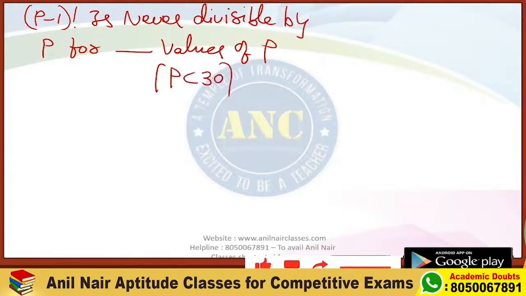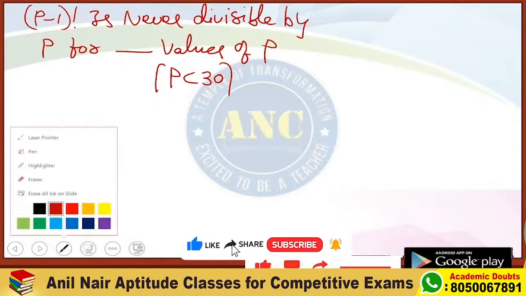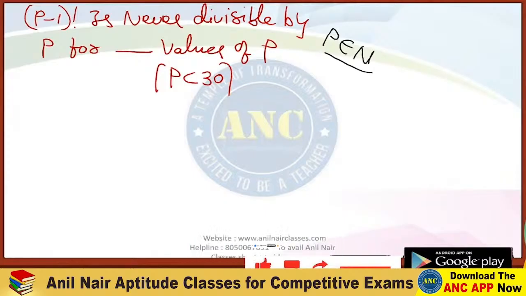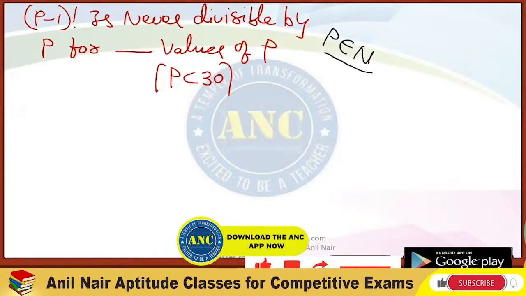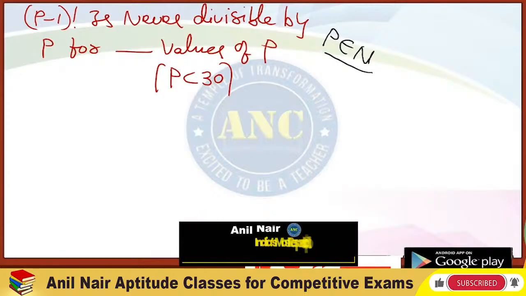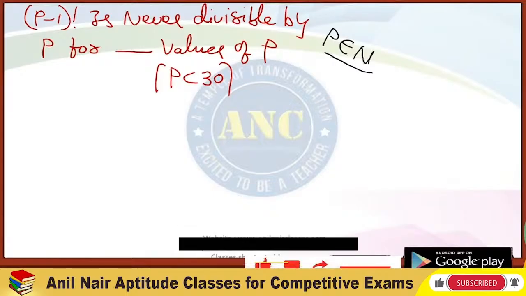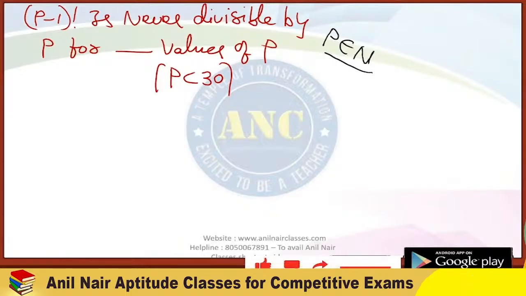P is a natural number here. Factorial starts from 0 factorial, but here he gave P as a natural number. Factorial only executes for whole numbers. Plus 1 is not there. (P minus 1) factorial is never divisible by P.